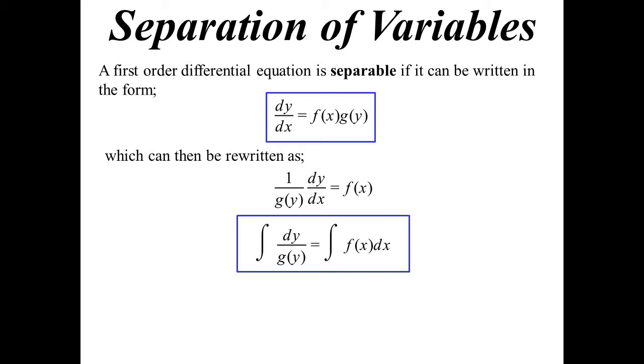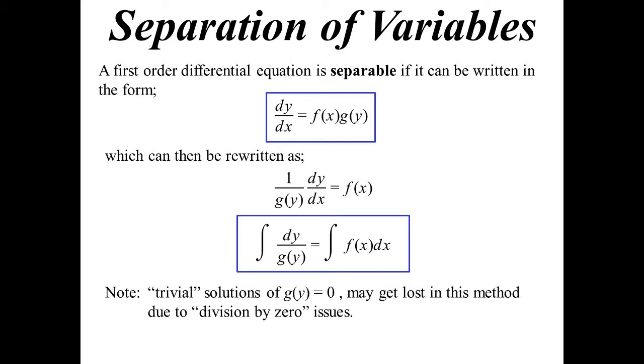Okay. Now, with separation of variables, there are trivial solutions we've got to watch out for, because I'm dividing by the function of y in this case. So if the function of y could equal 0, then technically I'm dividing by 0. So what you should find happening is, if the function of y equals 0, that'll create a trivial solution.